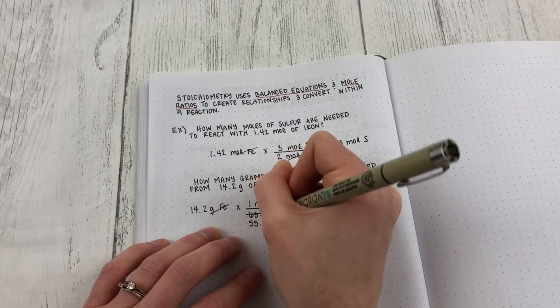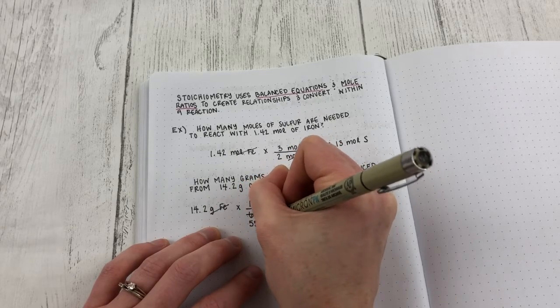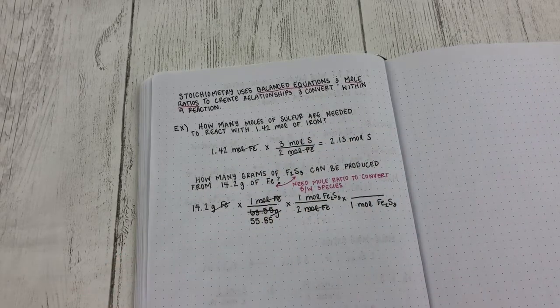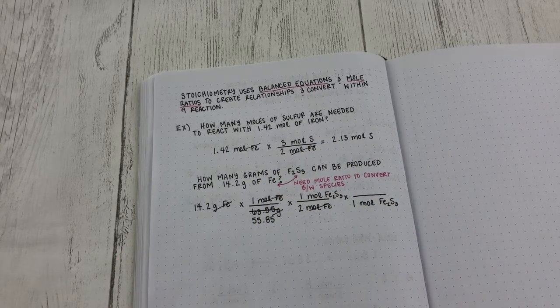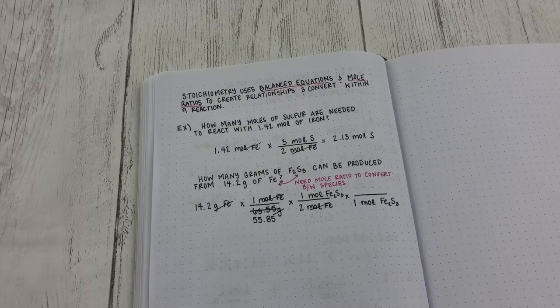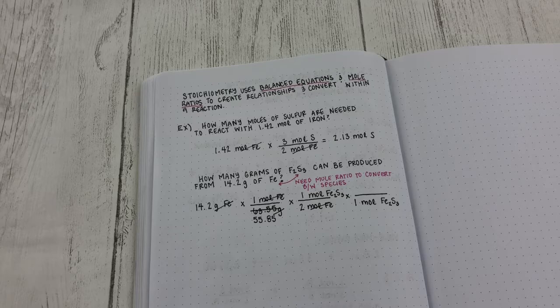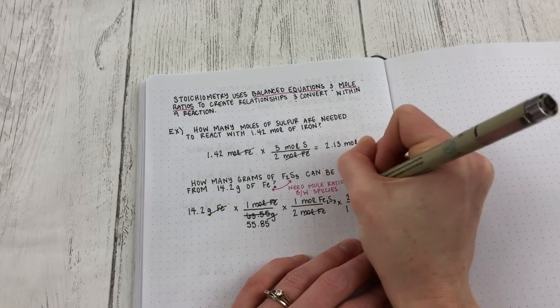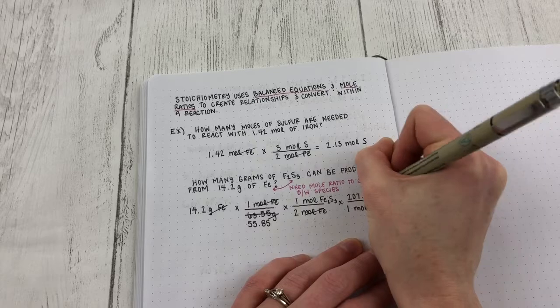I wrote down the molar mass of copper by accident, sorry about that. But then the molar mass of iron sulfide is going to be, hang on, plugging in my calculator, 207.91 grams.